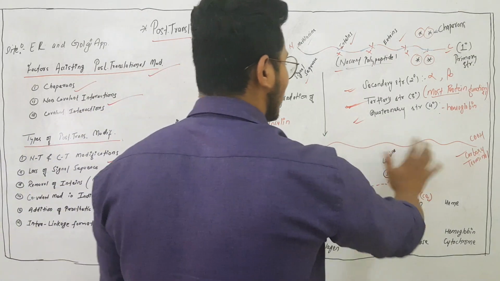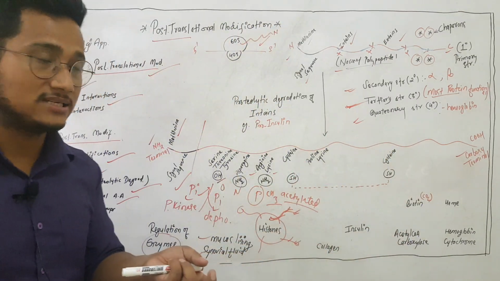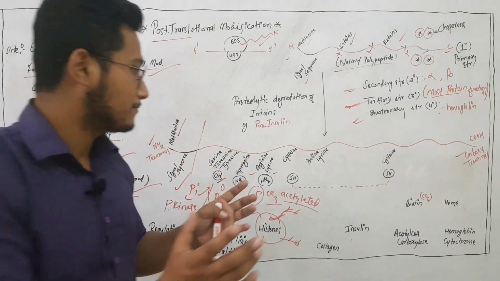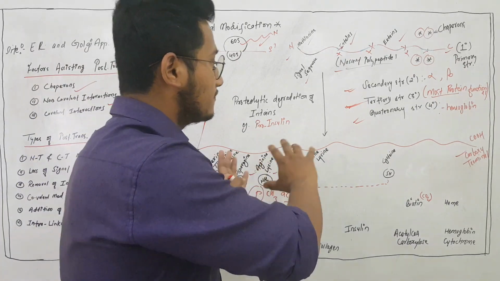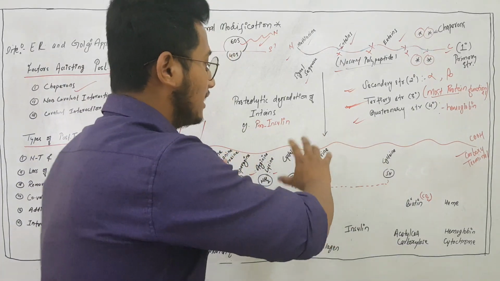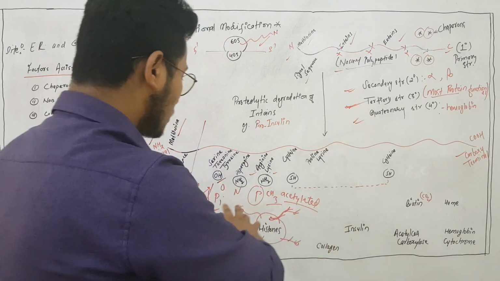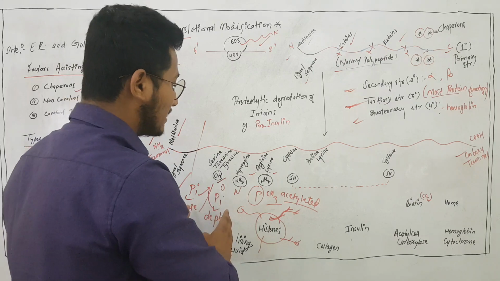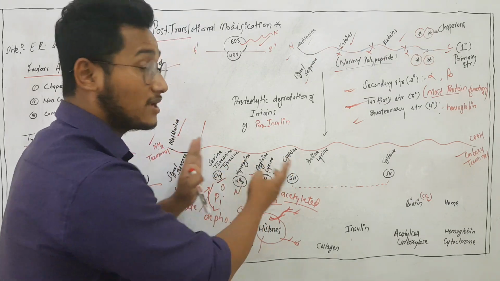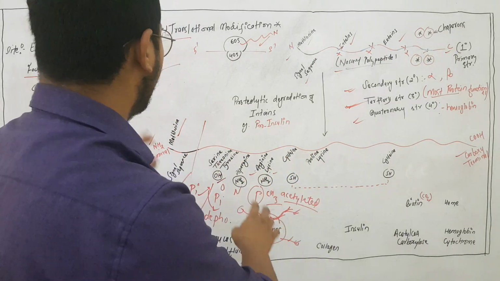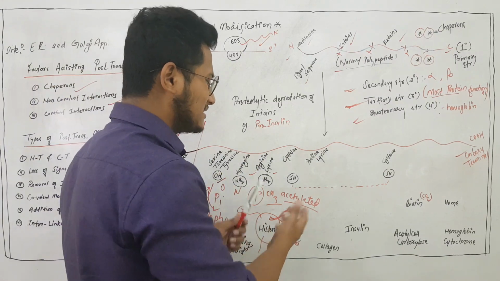Now this proteoglycan is hyaluronic acid or mucopolysaccharide. So the structure of this protein is ultimately converting into tertiary or quaternary based on the factors that are modifying it. This is called chemical modification, and these are just examples.